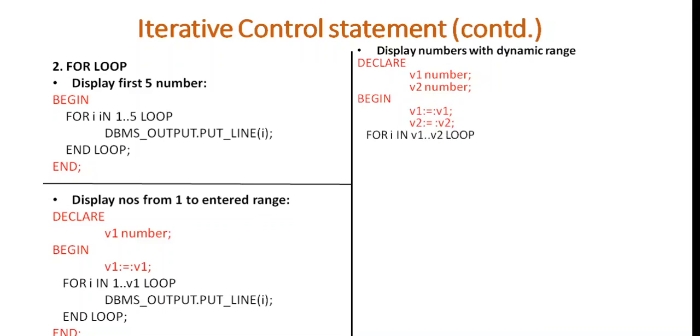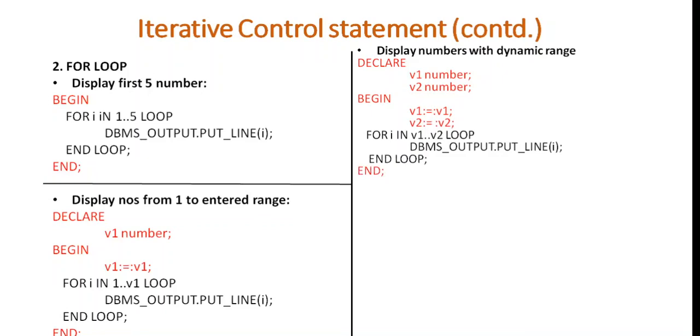So here you can directly write FOR I IN v1..v2 and then the LOOP keyword. Okay, means here we are reading both lower bound and upper bound values from the user, which is a dynamic range, and we are printing the value of I from v1 to v2 inside the loop, then END LOOP and end of the block.